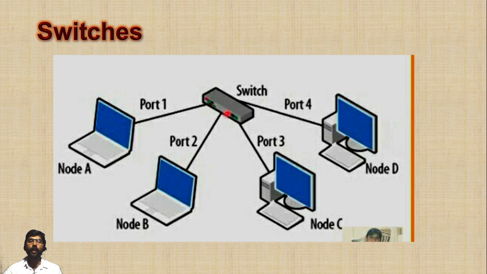The switch then reads the destination MAC address, and from the list of MAC addresses, the switch knows that the data is meant for node C. As node C is associated with port number 3, the switch forwards the data only to port 3. The data is actually converted back into a signal and transmitted to node C.